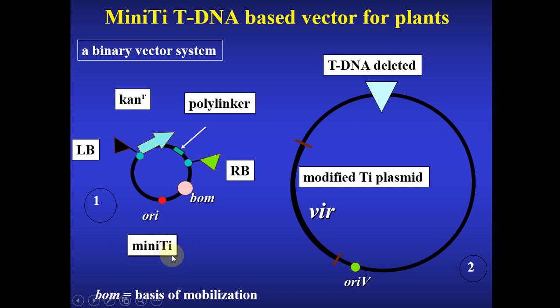So this is mini Ti, which has a polylinker. This is the left border of tDNA, LB. This is the right border of tDNA. Here in this middle part where tDNA is present, tDNA is deleted. Okay, and instead a selectable marker gene and polylinker are attached.